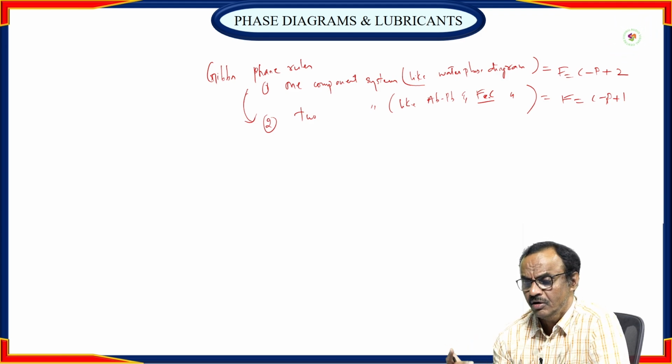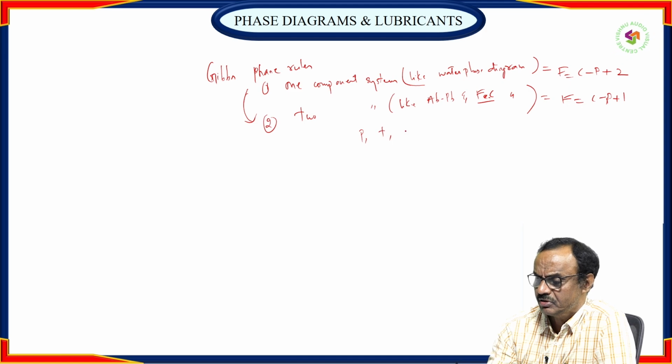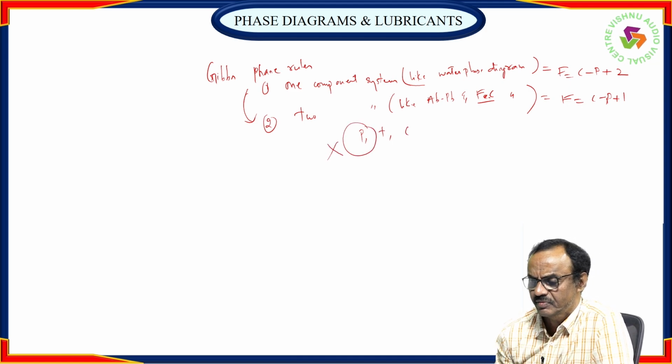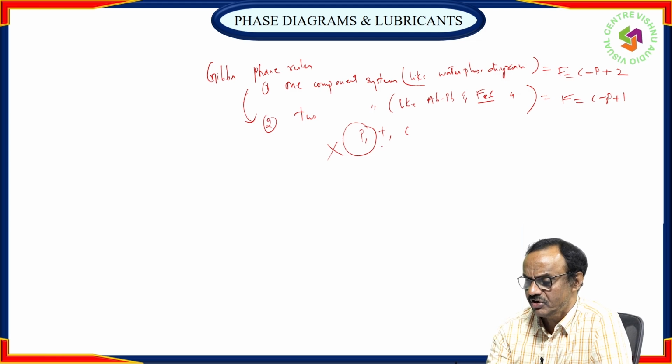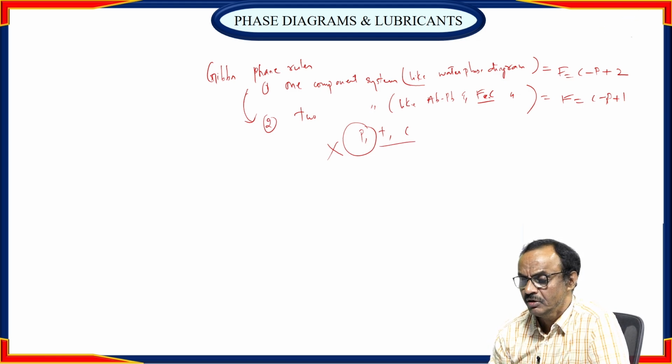Therefore, out of pressure, temperature and composition, the pressure variable is neglected. We only need to consider temperature and composition to define two component phase diagrams.